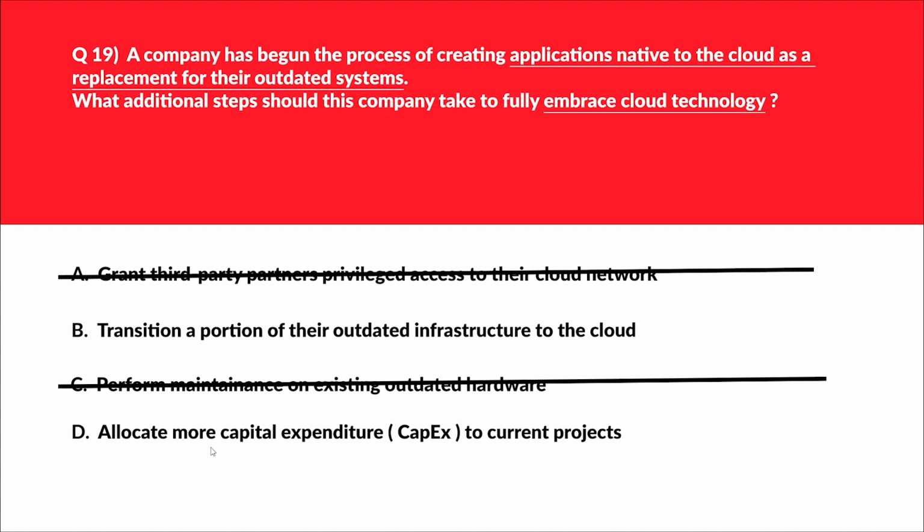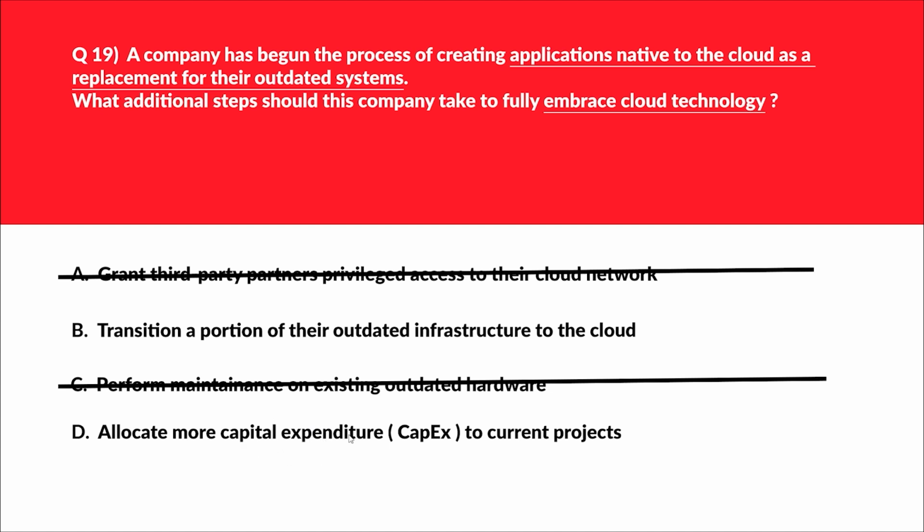Option D says allocate more capital expenditure, known as capex, to the current project. The question, if you look, wants to move from on-premises to cloud, right? While the option, if you look, focuses more on capital expenditure.